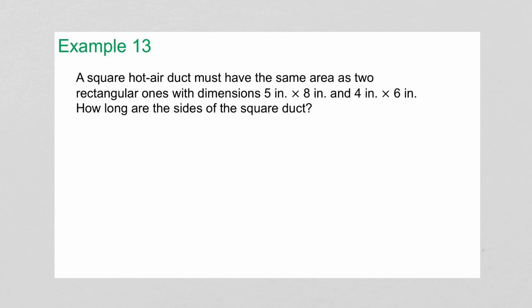How long are the sides of this square duct? Okay, so we're focusing on a square, and it's got to have the same dimensions as a 5 by 8 and a 4 by 6.